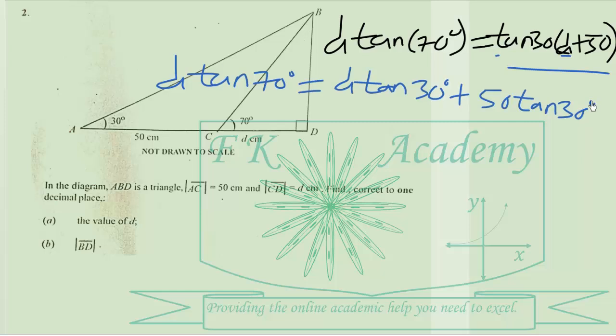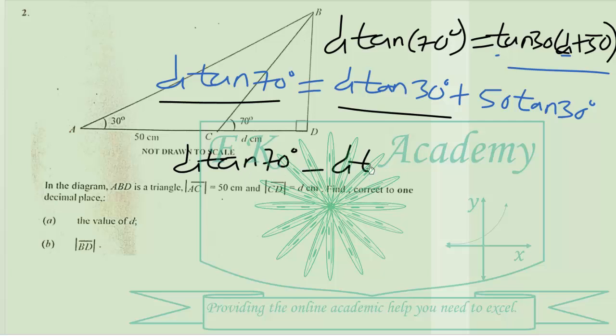I need to group the terms containing the D. So I have D tan 70 degrees minus D tan 30 degrees is equal to 50 tan 30 degrees.